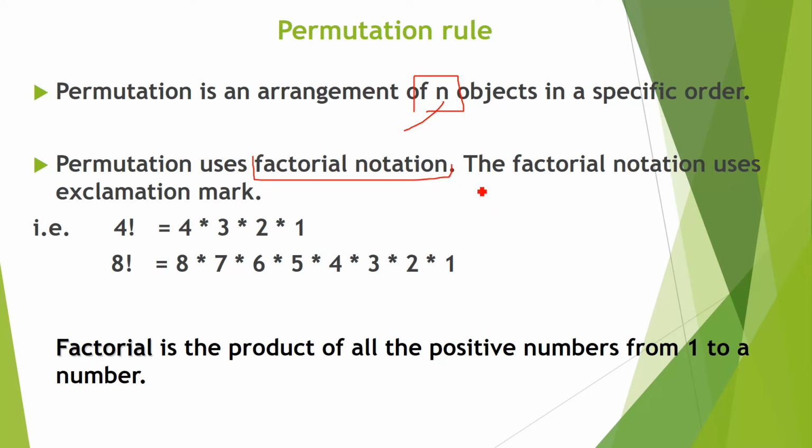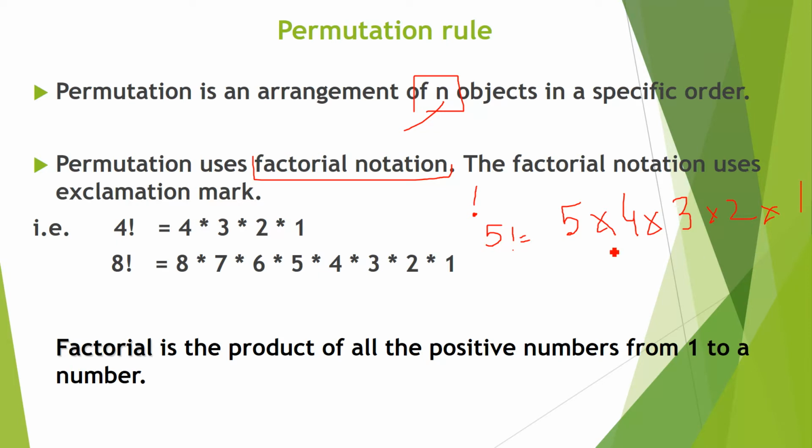So what is the factorial notation? This one, and you will find it on the top of 1 on your keyboard. This is factorial. If I say 5 factorial, then you write 5 factorial is equal to 5 multiplied by 4 multiplied by 3 multiplied by 2 multiplied by 1.